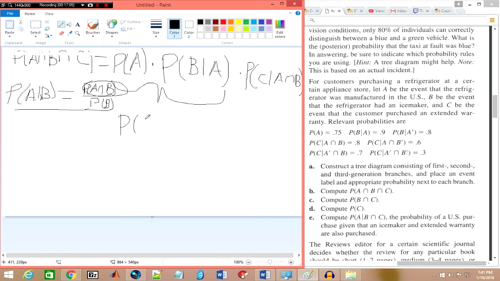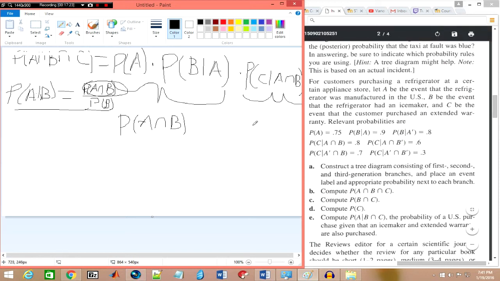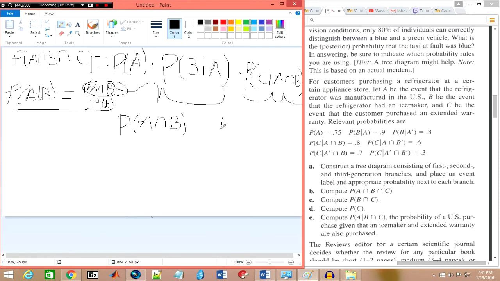So that's the probability of A intersect B. What's this? And then this piece right here, that piece is basically the same form as this. So that's the probability of, hold on, I need more room.